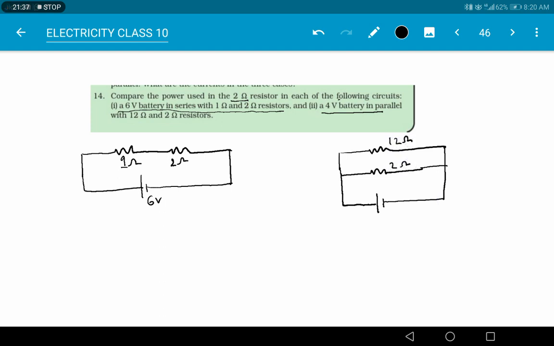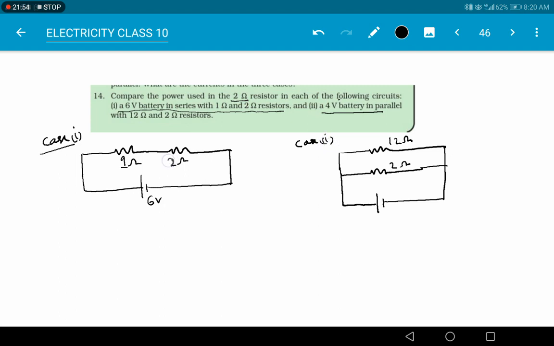Now we should compare the power consumed. Power consumed by the 2 ohm resistor in both cases we should calculate.